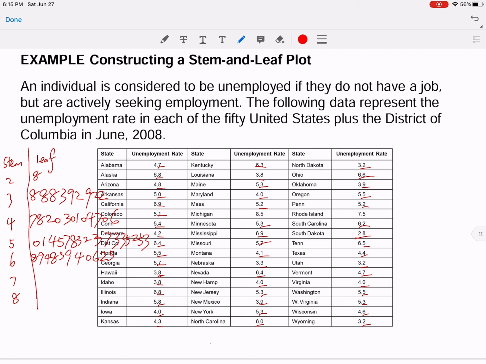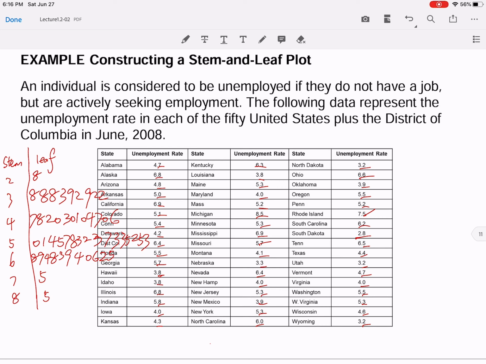And then let's take a look at stem 7. For stem 7, we only have one, which is 7.5, so we put 5 here. And then for stem 8, we have only one, which is 8.5. So we got a 5 here.